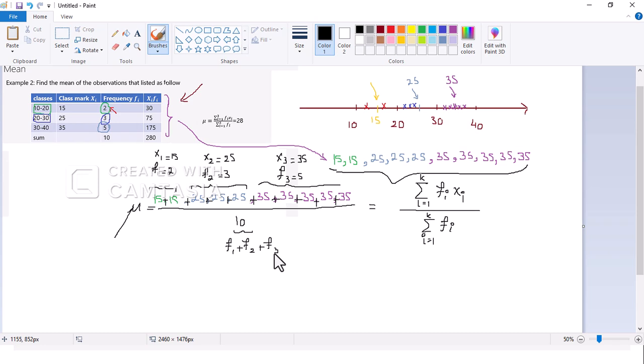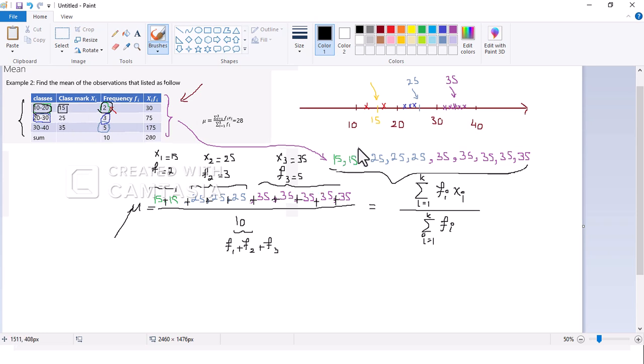If you understand this one, then for calculating the mode, mean, and quartile, you will not have any problem, because as you can see, this frequency table can be interpreted as a set of class marks with the given frequencies. It means that between 10 and 20, we have a frequency of 2, so 15 is repeated 2 times.